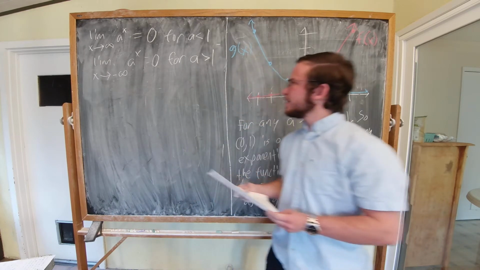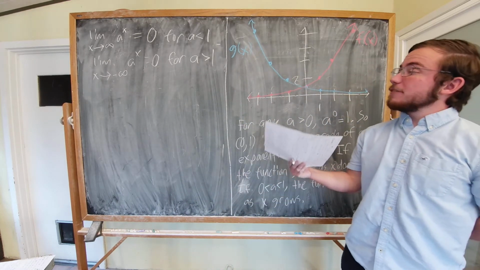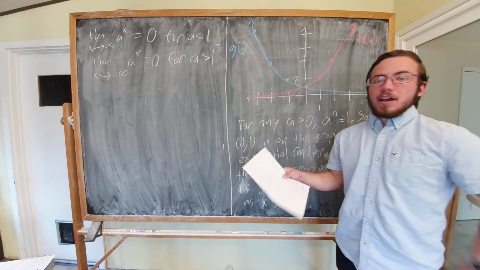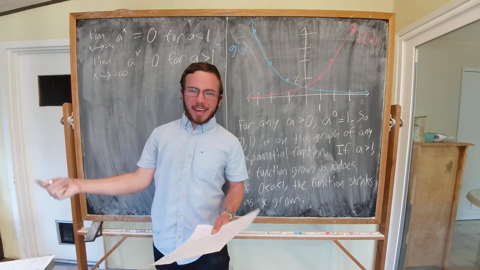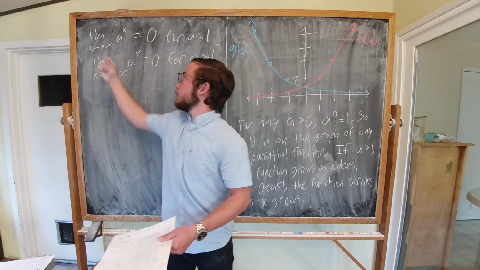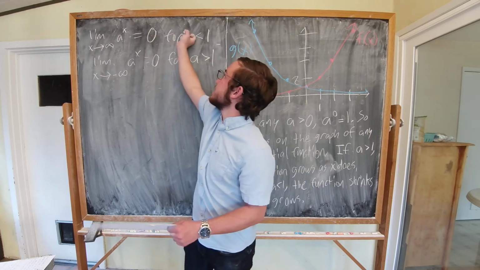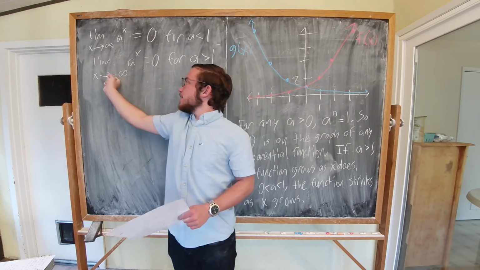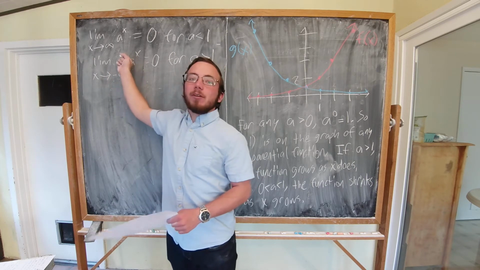That's on me. Okay. So, why is that? Well, because if we have a number less than 1, then as it gets multiplied with itself over and over again, that number keeps getting smaller and smaller and smaller. Therefore, the limit as x goes to positive infinity of a to the x is 0 when a is less than 1. But when a is greater than 1, then you need to be working with negative powers.